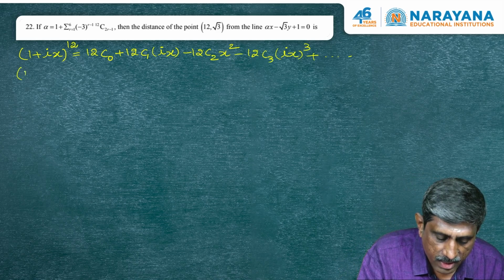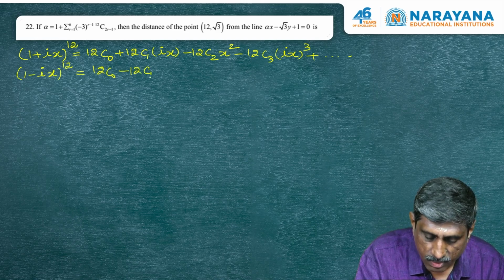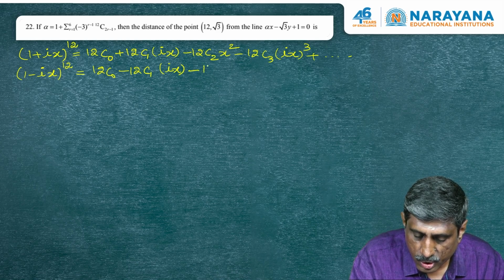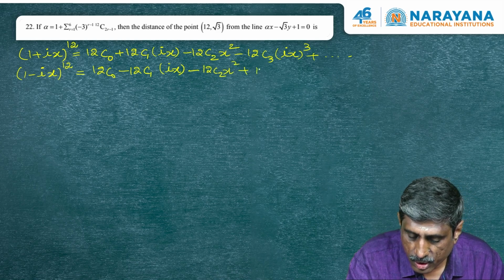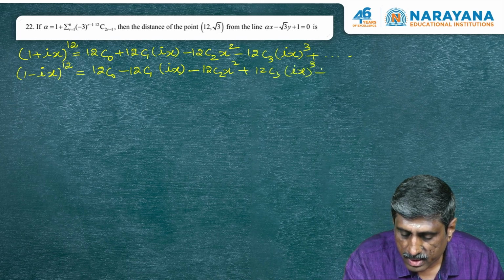Similarly, when we consider 1 minus ix whole to the power of 12, it is 12c naught minus 12c1 into ix minus 12c2 into x square plus 12c3 into ix the whole cube plus and so on.